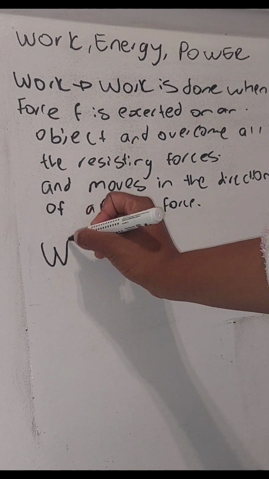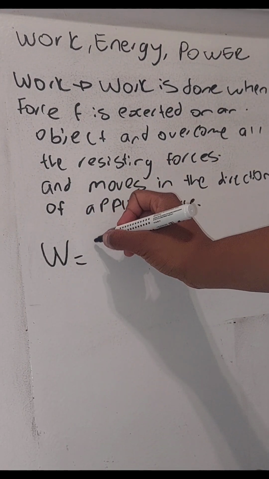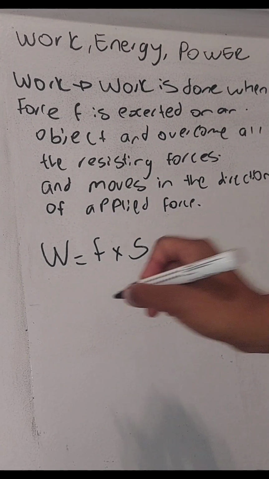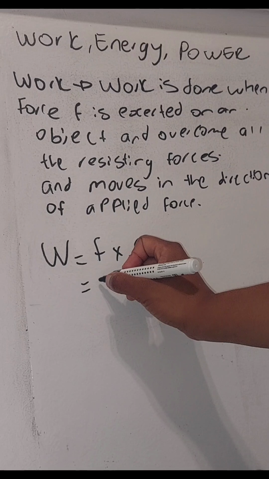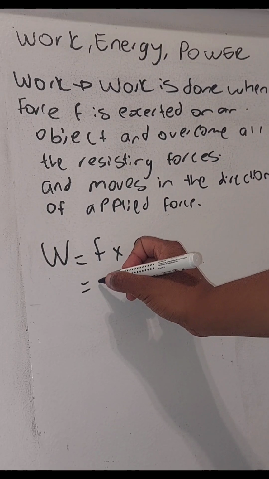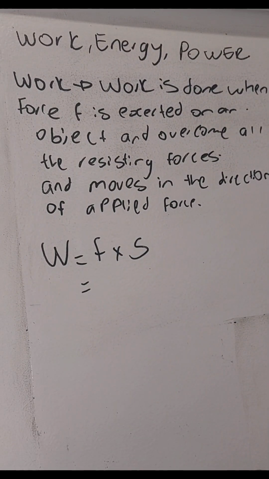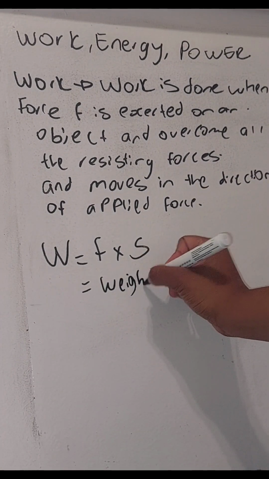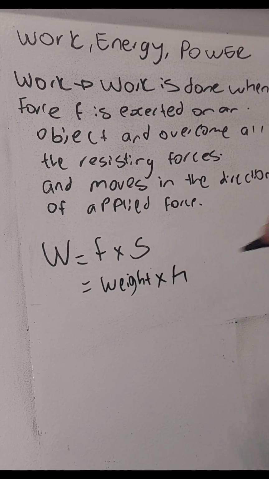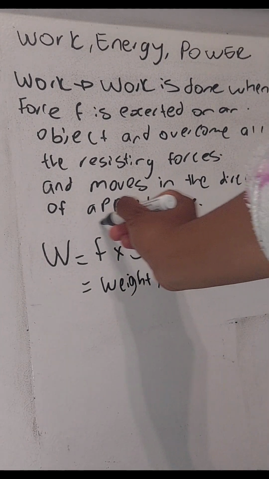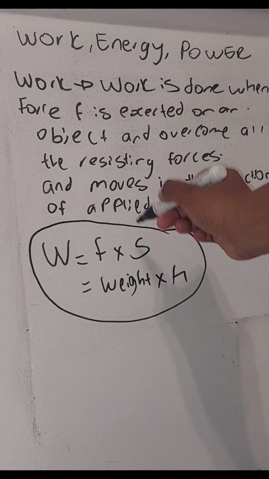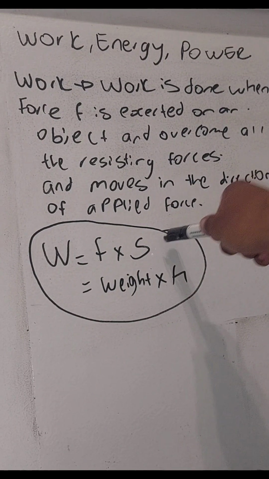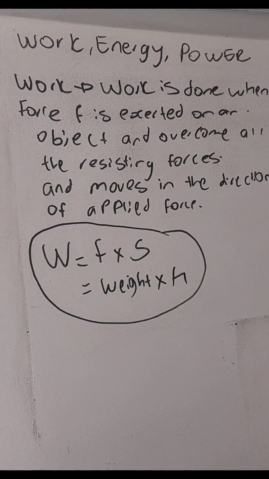And here is the formula of work. It's going to be F times S, or weight times height. Know that these are the formulas of work. Work is going to be force times distance and weight times height.